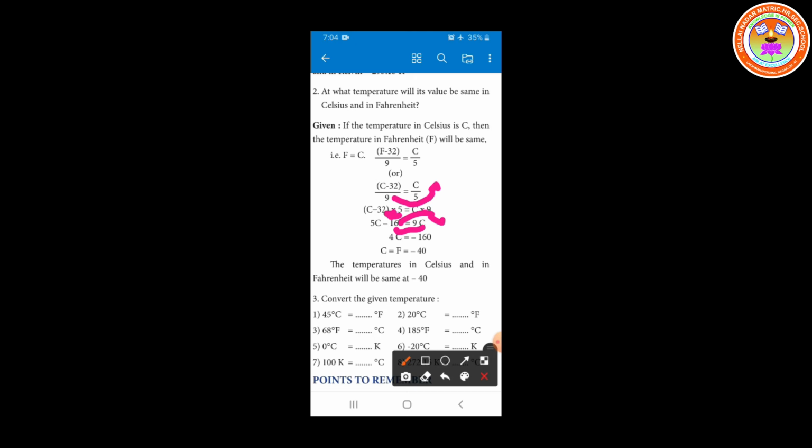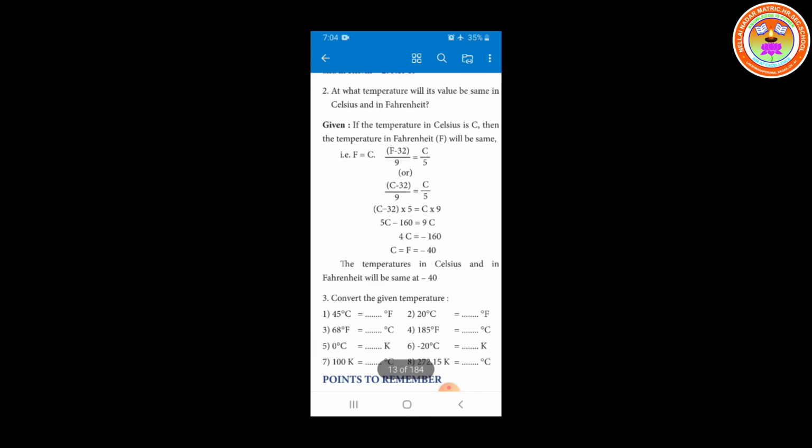Now we can bring this 9C to one side, and we can bring the 160 value after the equal. Let me explain. Listen carefully, students. 9C is on one side, and we can bring the 5C after the equal as minus 5C.